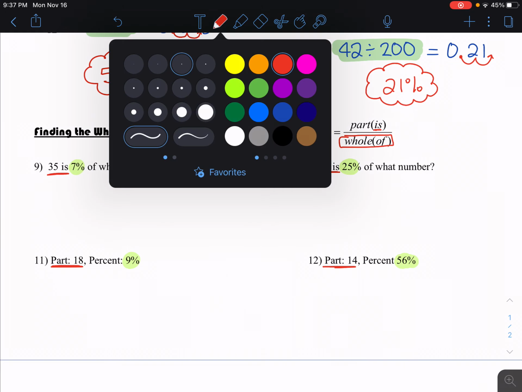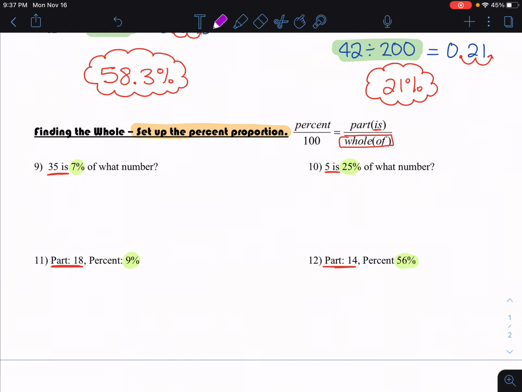So the first thing I'm going to do is I'm going to set up the percent side of my percent proportion. So 35 is 7% of what number? I'm going to put 7 over 100 first to take care of my percent. My part is 35, and I'm going to put a box for my whole.